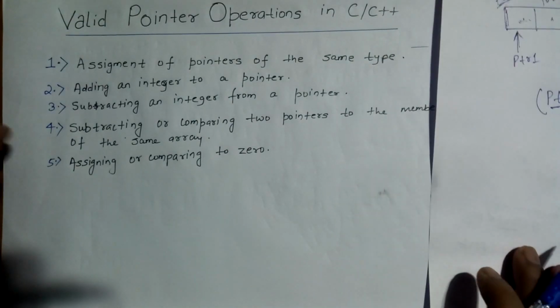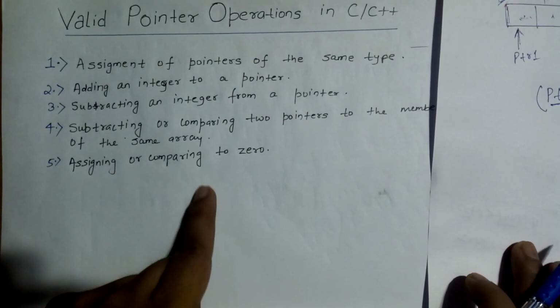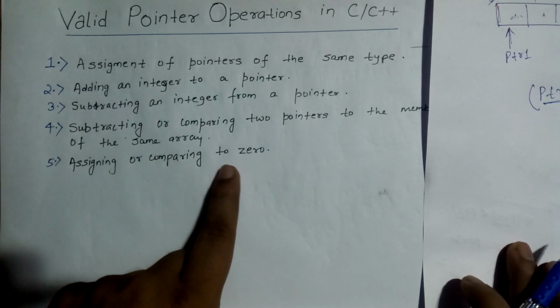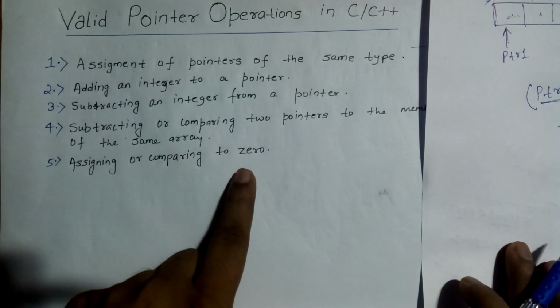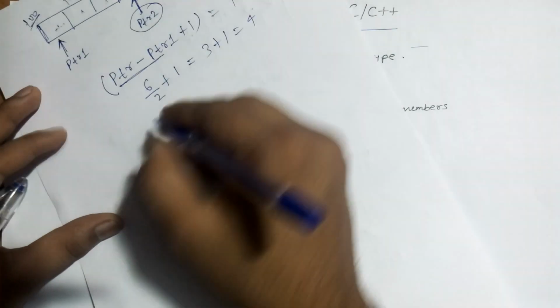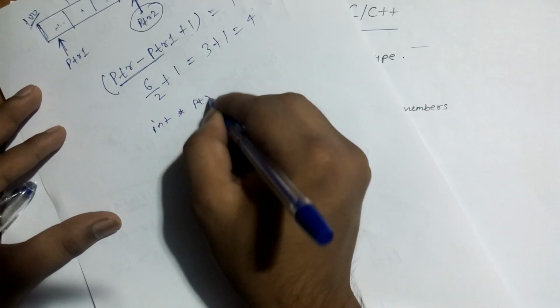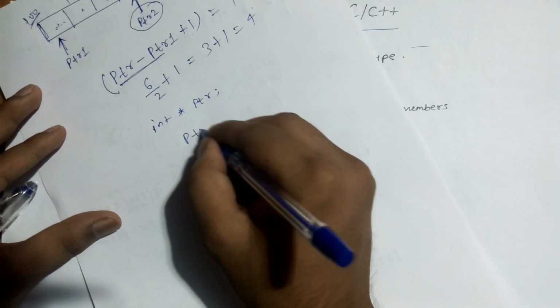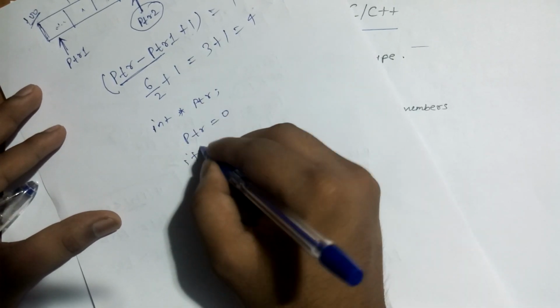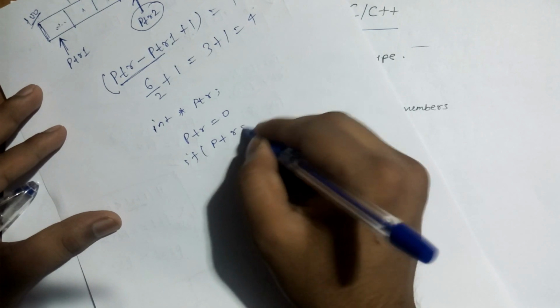And the last valid operation you can do on a pointer is that you can compare it to 0 or assign it 0. Like if you have a pointer int *ptr, you can write ptr = 0, or you can check if ptr is equal to 0.